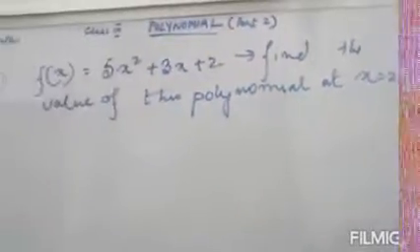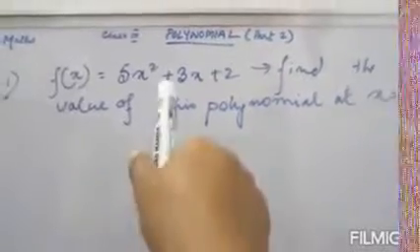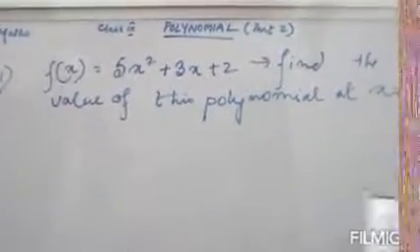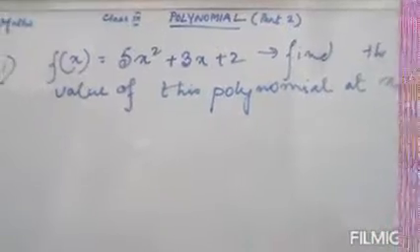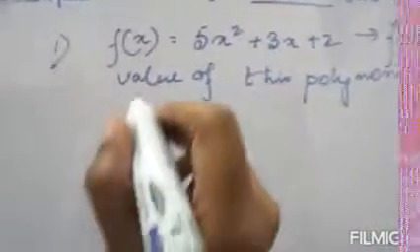My question is, I have been given a polynomial and I need to find its value at x equal to 2.